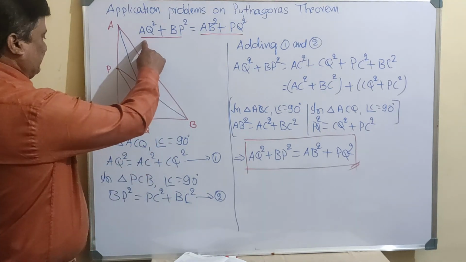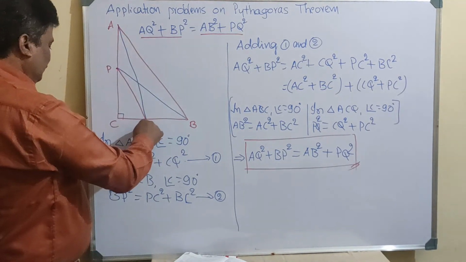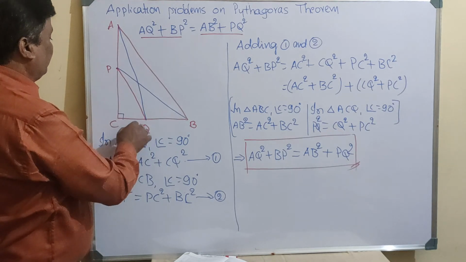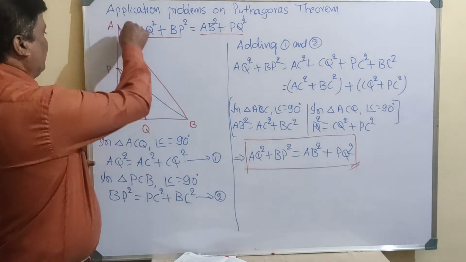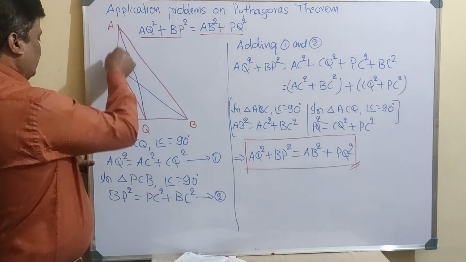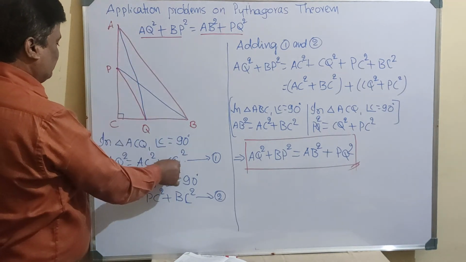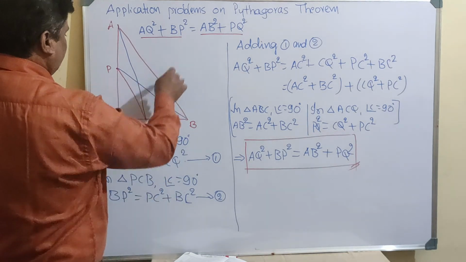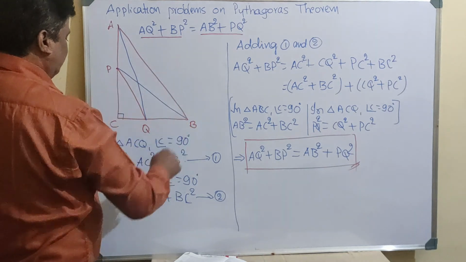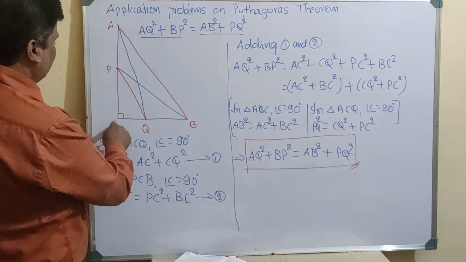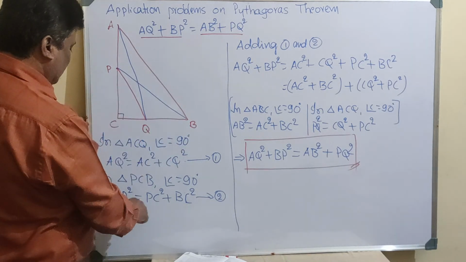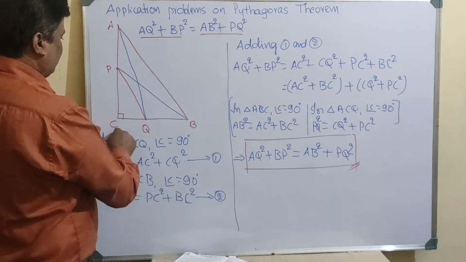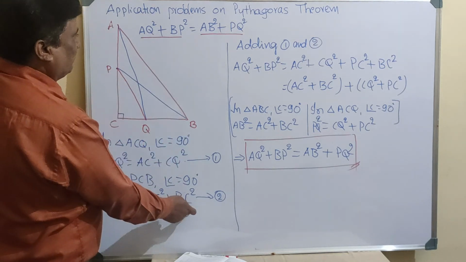To get AQ square, we consider triangle ACQ, in which angle C is equal to 90 degrees. For AQ square we can write AC square plus CQ square. Similarly, to get BP square, we consider triangle PCB in which angle C is equal to 90 degrees. Therefore, BP square is equal to PC square plus BC square.